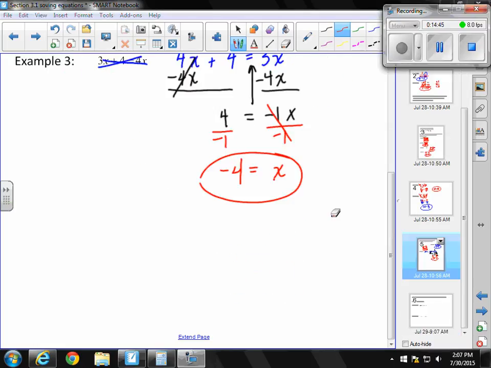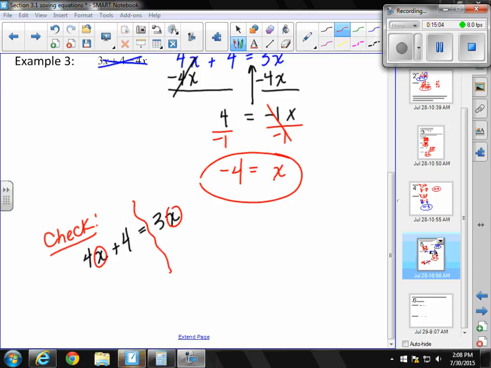Now, it doesn't do this in your workbook, but I want to show you that you can always check your answers. You can go back to the original equation, and our original equation on this one was 4x plus 4 equals 3x. Wherever I have x, I'm going to substitute in what I got as my answer. Then I'm going to see if what I have on the left-hand side is equivalent to what I have on the right-hand side.